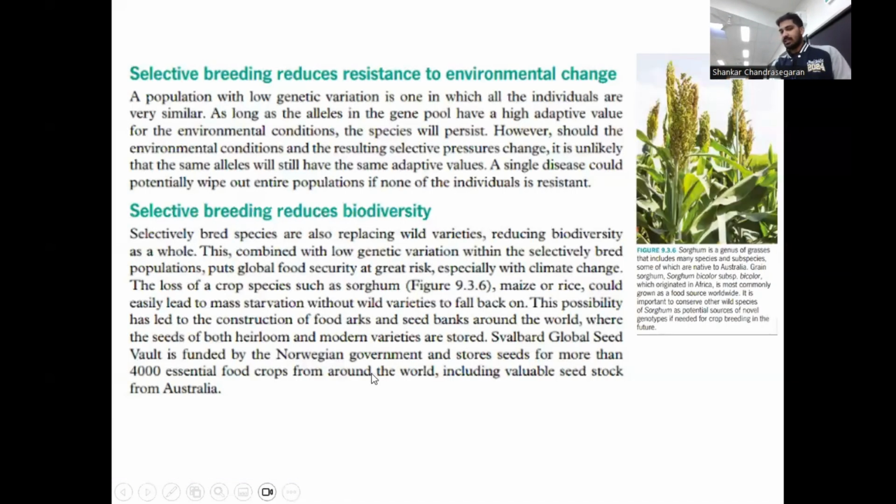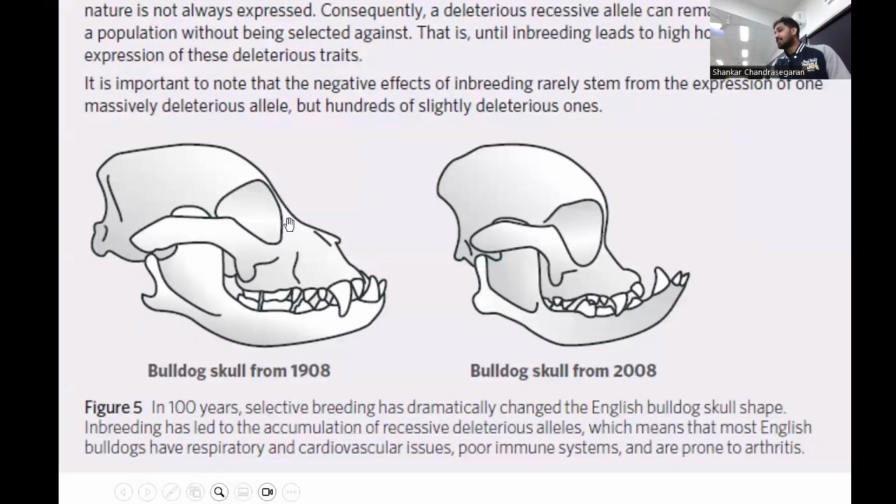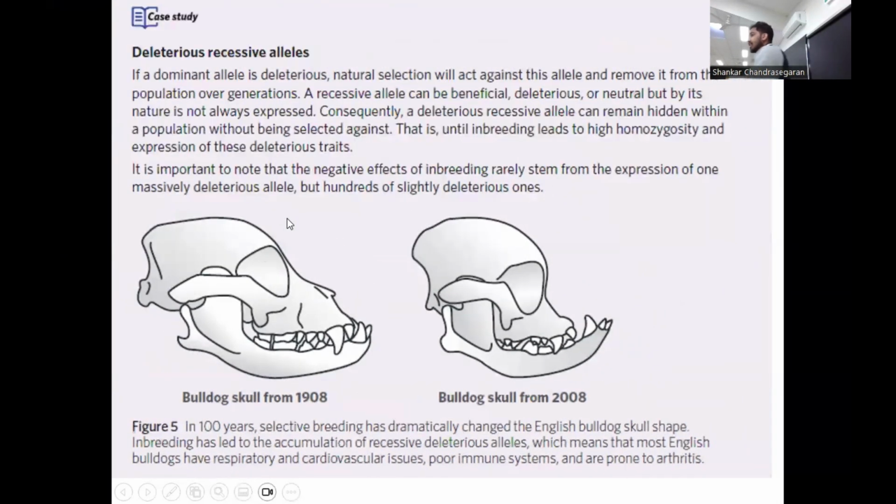So we can see that in the skull of the bulldogs, right? In 100 years, selective breeding has changed the English bulldog skull shape. Inbreeding has led to the accumulation of recessive deleterious alleles, which means most English bulldogs have a respiratory or cardiovascular issue and poor immune systems and are prone to arthritis.